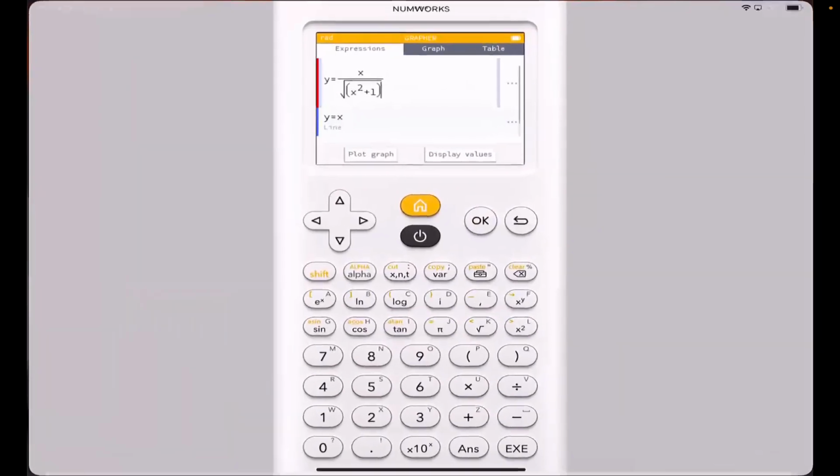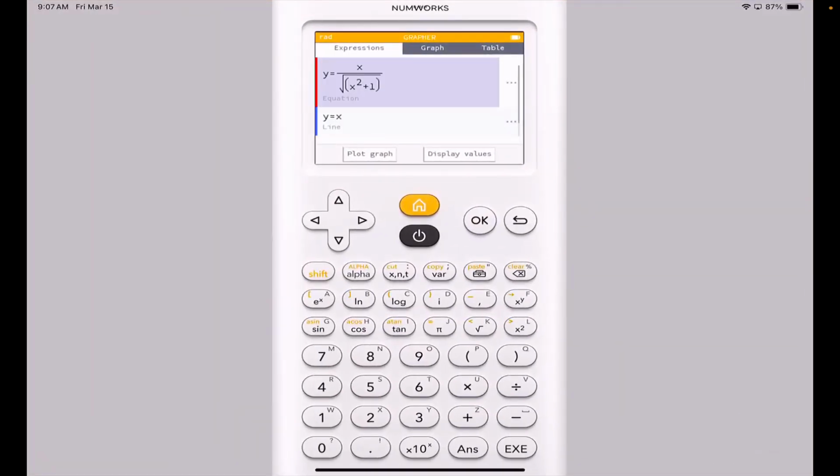And then the other one's x to the 4th minus x. Enter. Okay.